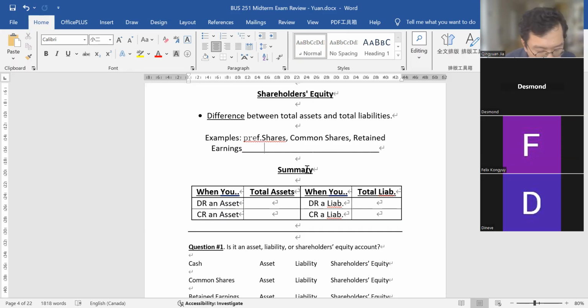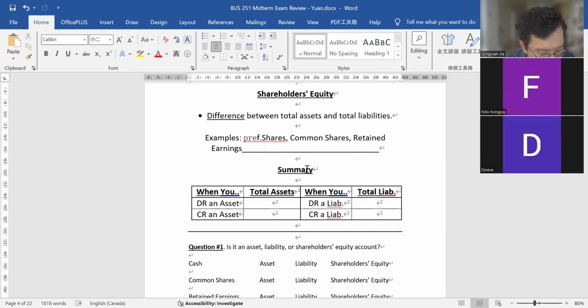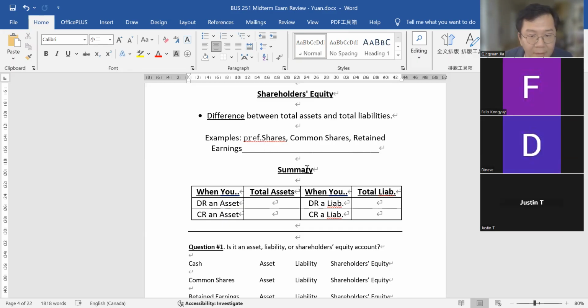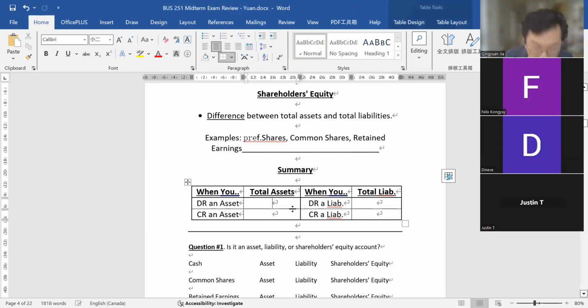This chart will show the movement of accounts when you use debit and credit. So for assets, when you debit an asset, it will go up. And when you credit an asset, it will go down. And when you debit a liability, it will go down.